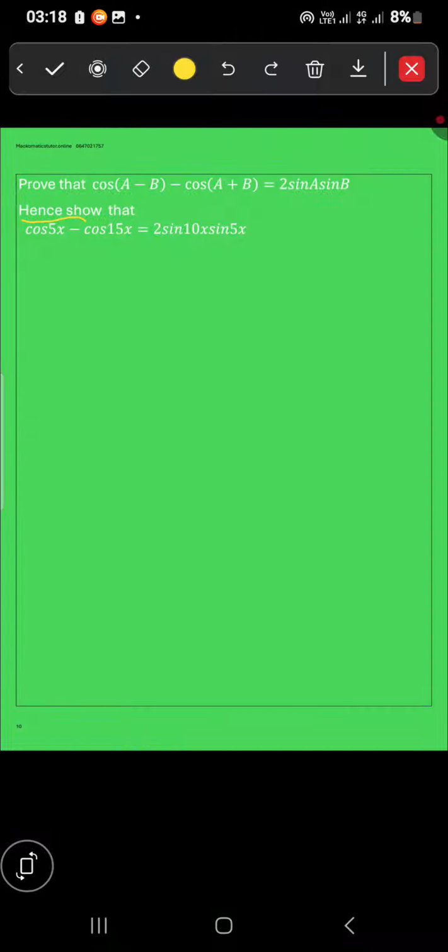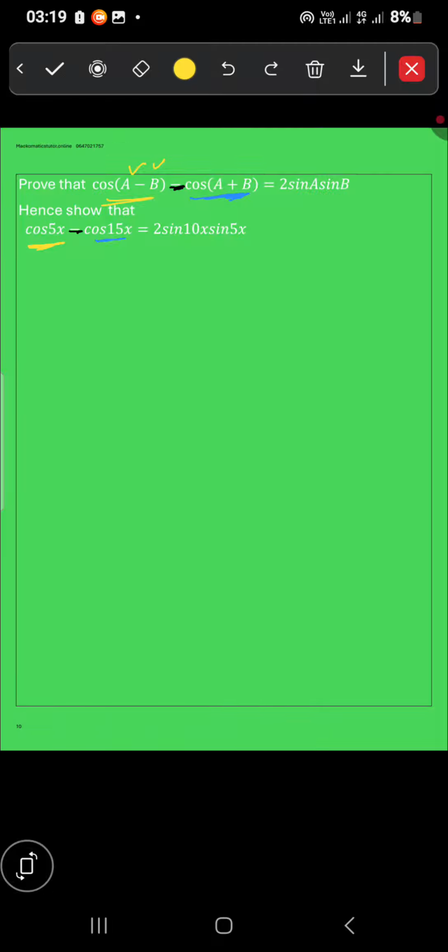So here you're going to look for two numbers that subtract to give 5x, and the very same numbers must give you 15x when you add them, because we are adding for the second cos. Hence means based on what you have done here. So those angles are 10x and 5x, obviously.